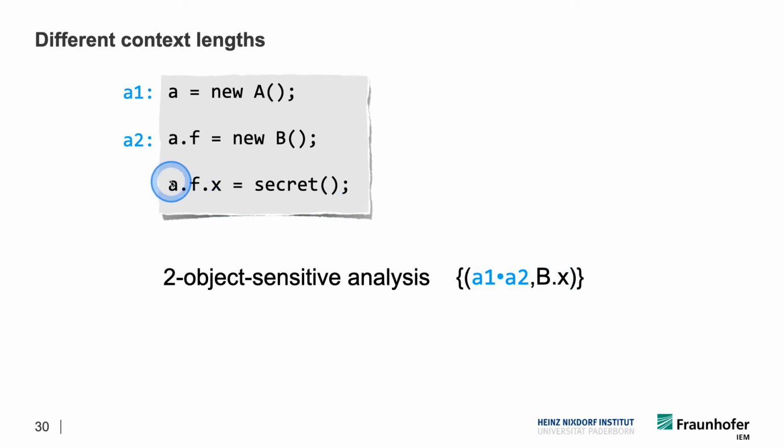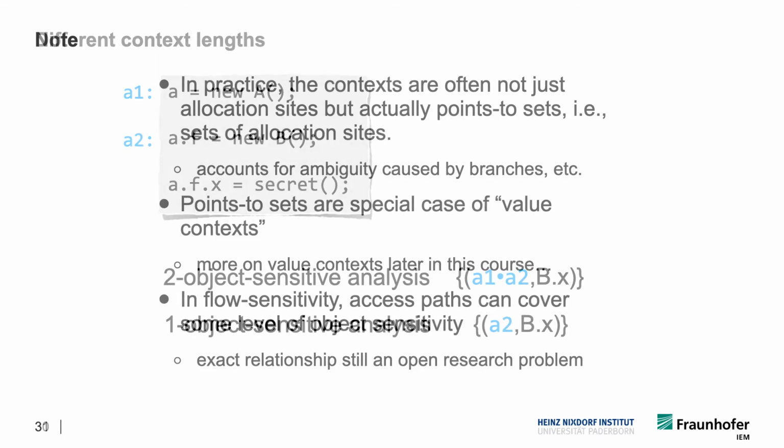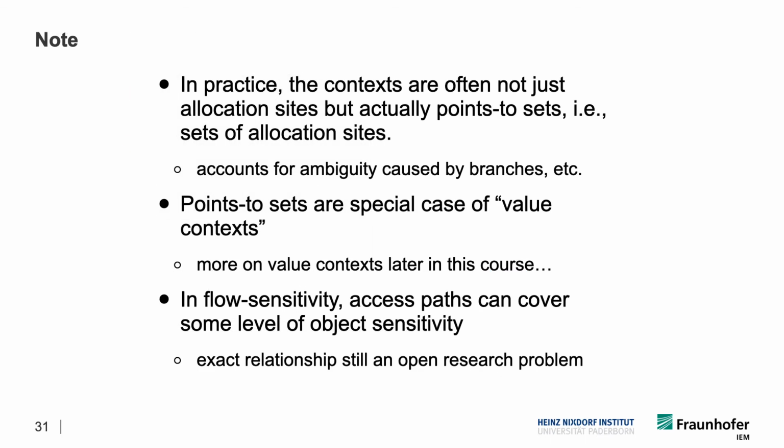You can also use that to track back where these different objects originated from, and that can give you a certain level of object sensitivity. But I have to say that the exact relationship is still an open research problem. That's still an interesting publication to be written about how exactly object sensitive analysis relates to these access path based analyses.